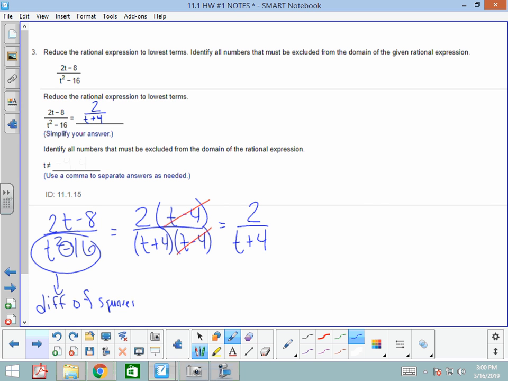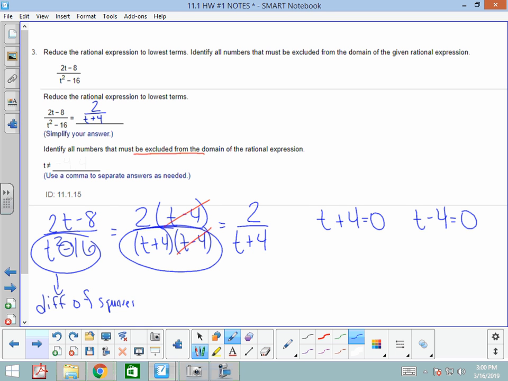Now, for the excluded values, okay? So we're looking for the excluded values. We go to the factored form, before we canceled, and this time we have 2 factors that have a variable as part of their factors.